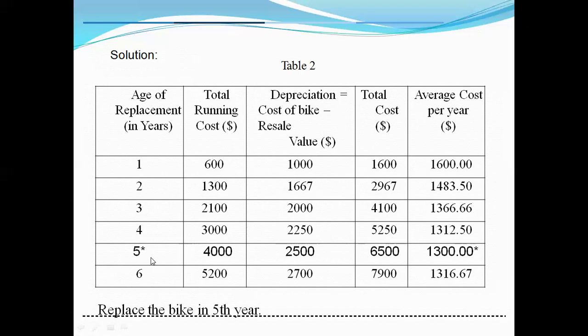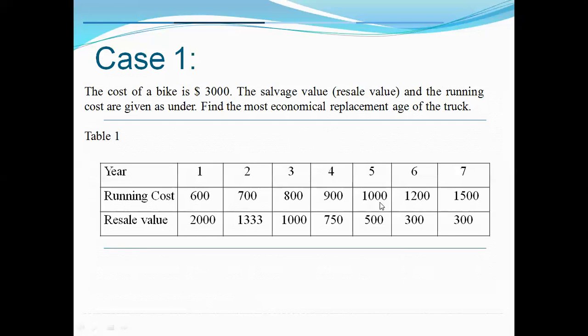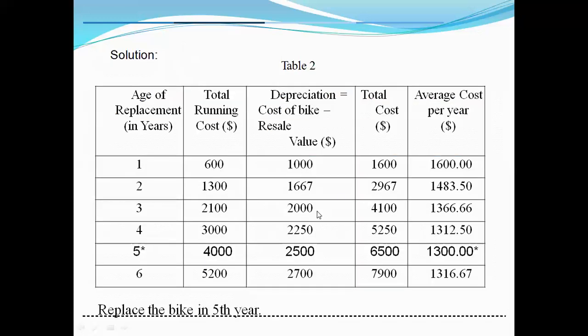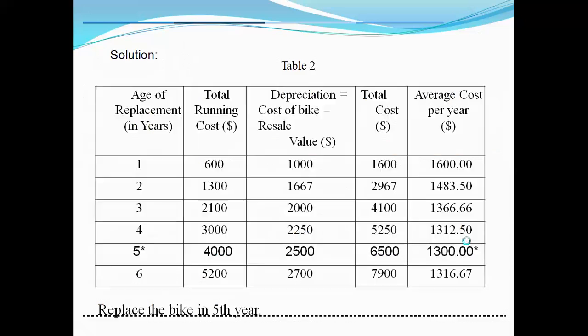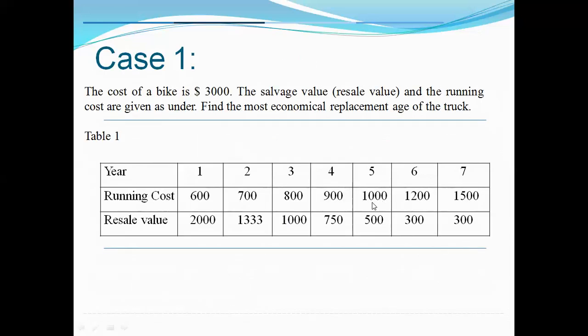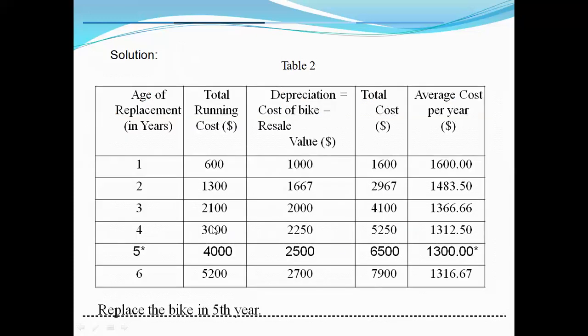In the fifth year, up to the fourth year the total running cost is 3000, and the running cost in the fifth year is 1000, and hence 3000 plus 1000 is 4000.